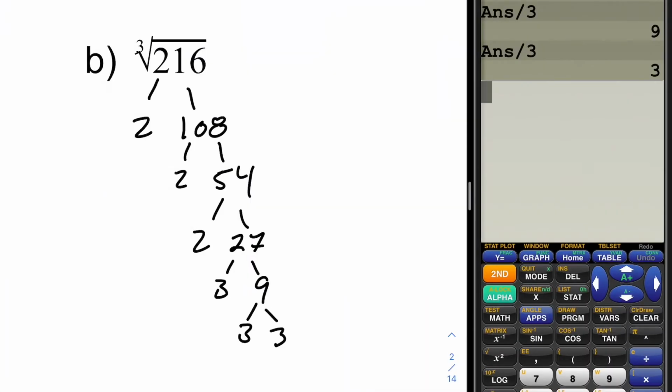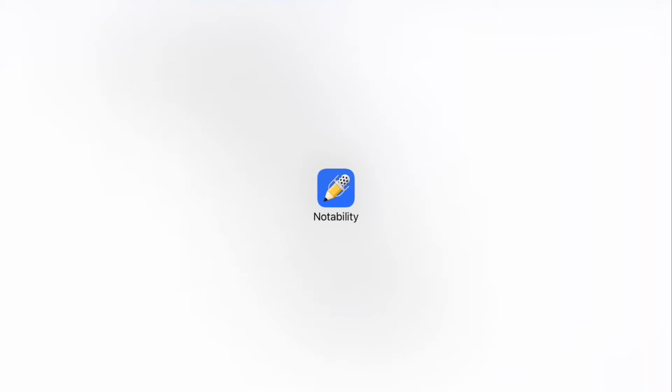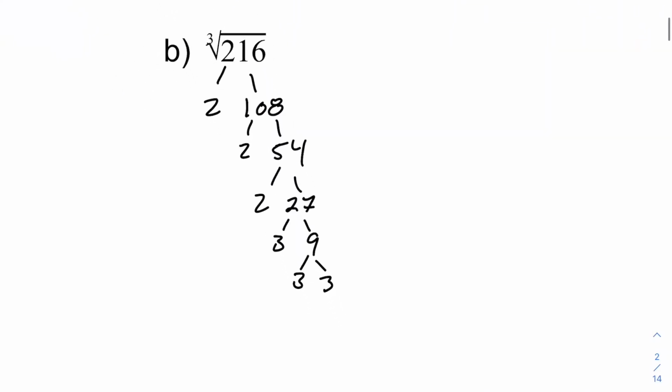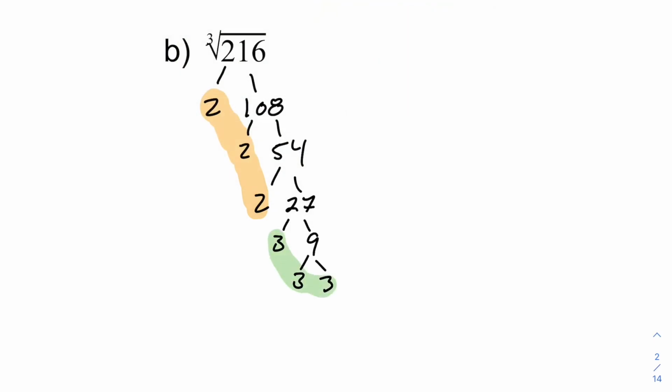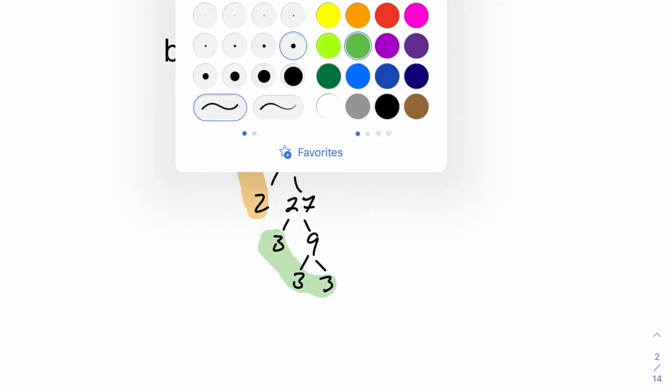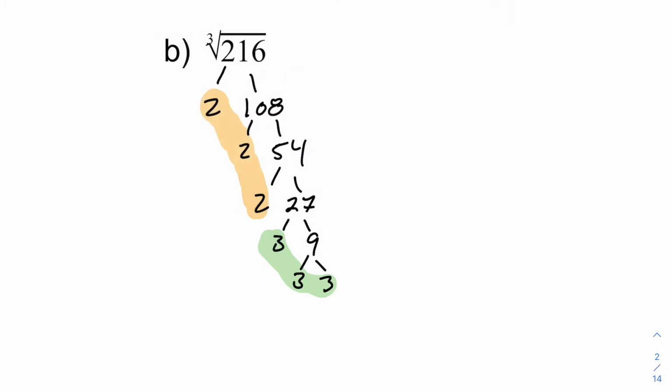Now here, we're trying to see if this thing is a perfect cube. So we have to group into groups of 3. Here's my first grouping of 3 of the same type of numbers, and here is my second grouping of 3. We can figure this out pretty quickly because we simply take one number from each group.